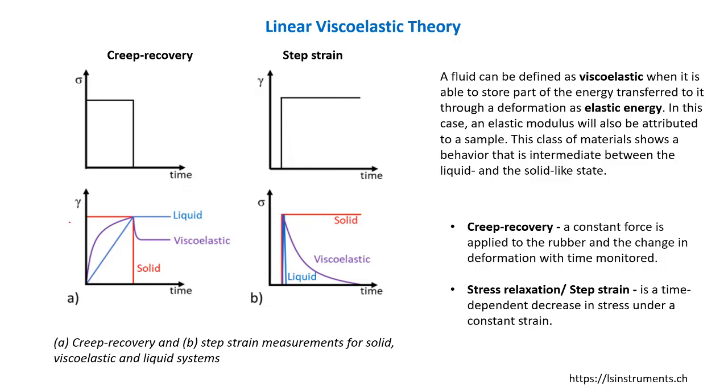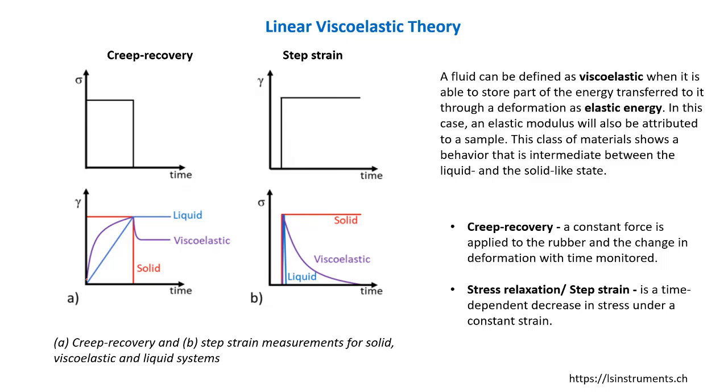So that is the creep test, basically. And for solids, no matter how much force we apply, the strain will be uniform. And for liquid, the strain will increase with time, and the viscoelastic material will fall in between, from solid to liquid. So the viscoelastic material will have a curve like this.